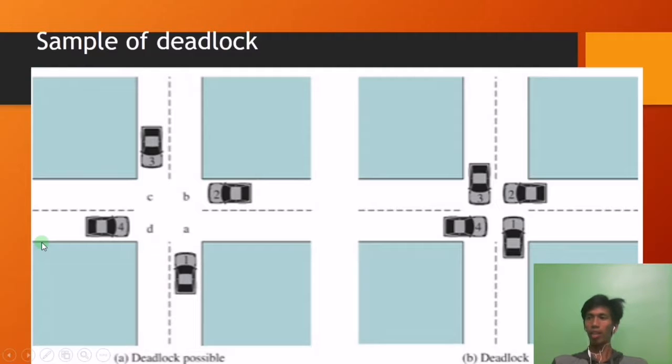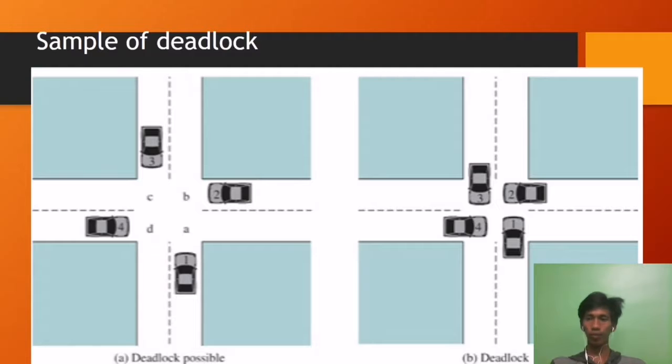For example, if only the northbound and westbound cars arrive at the intersection, the northbound car will wait and the westbound car proceeds. However, if all 4 cars arrive at about the same time, all 4 follow the rule. Each will refrain from entering the intersection.